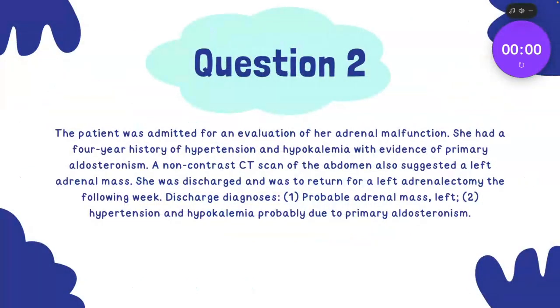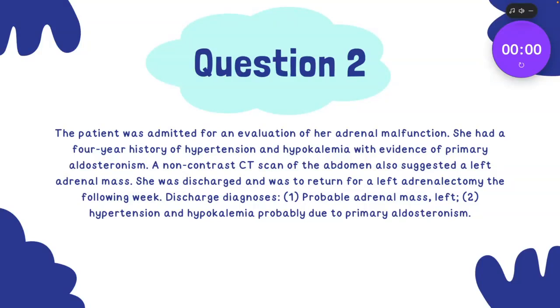So the patient was admitted for an evaluation of her adrenal malfunction. She had a 4-year history of hypertension and hypokalemia with evidence of primary aldosteronism. A non-contrast CT scan of the abdomen also suggested a left adrenal mass.